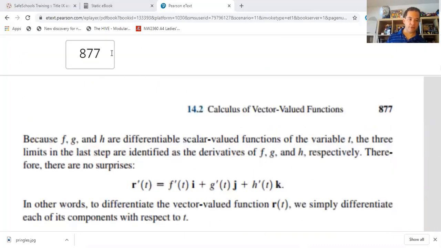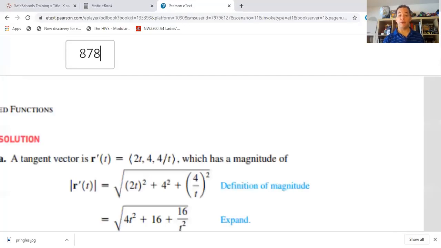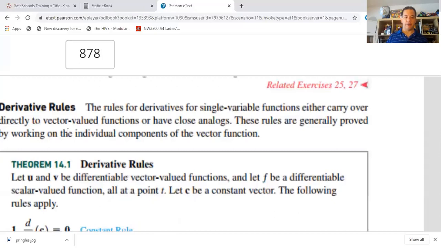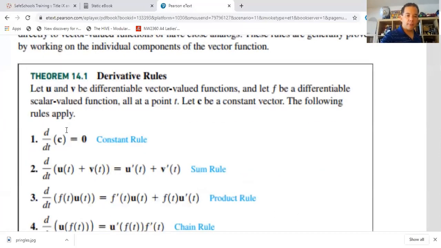So let me just go to the next page. Specifically, if we have a constant vector function, the derivative of it will be 0, because it's going to be the derivative of the first component, which is 0, the second component, which will be 0, and the third component, which will be 0 as well. So this is what I'm talking about here, starting with the one on the top.